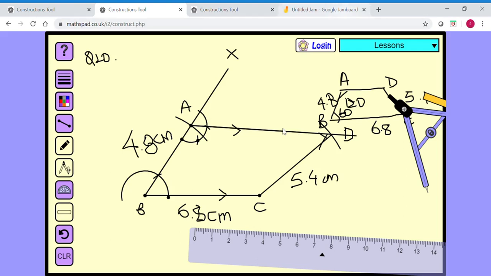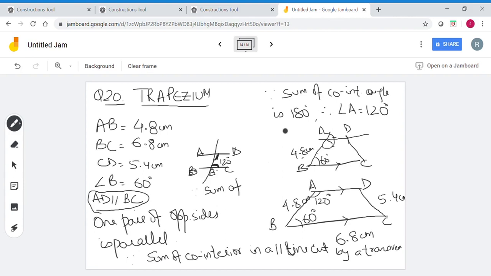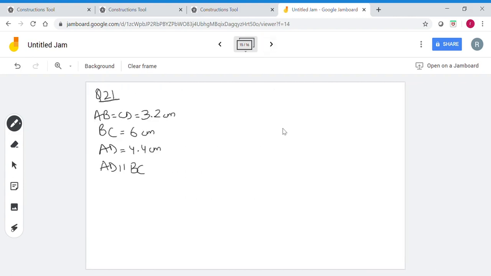Question number 21. So question 21 says, again, this is a trapezium and certain dimensions are given. AB is equal to CD is equal to 3.2, and again AD is parallel to BC.